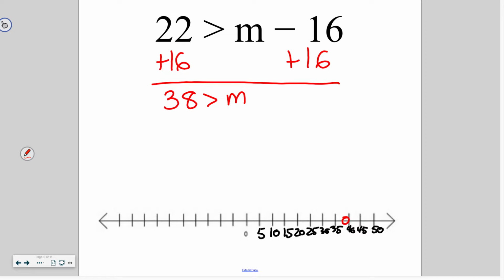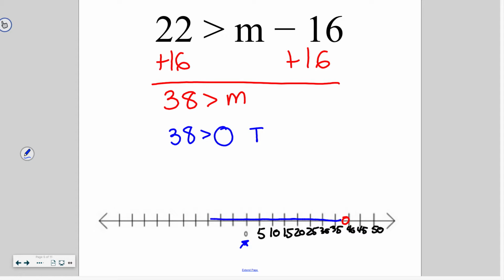And then I need to determine which direction I want to graph in. The easiest way to do this is to plug in 0 in the place of the variable. So if I plug in 0, I have 38 is greater than 0. Since this is a true statement, that means 0 is going to be part of my answer.